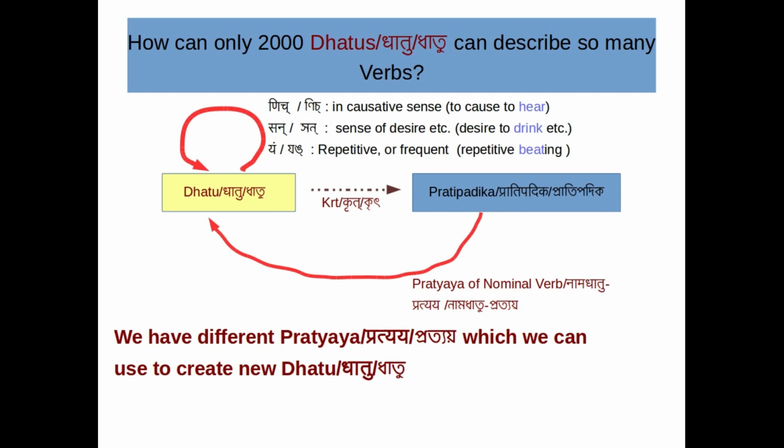For example, there are some pratyayas called nam dhatu pratyaya. If we apply them on pratipadika, then we can get new dhatus. Similarly, using our already developed dhatus, we can apply different pratyayas to create new dhatus.